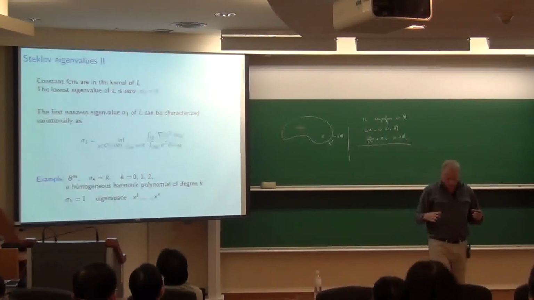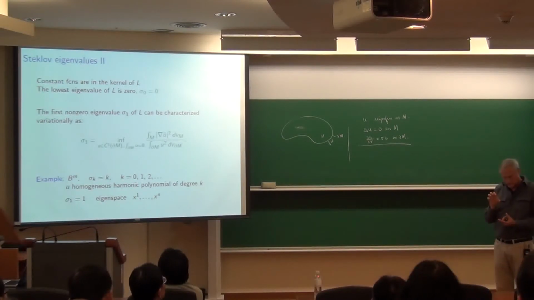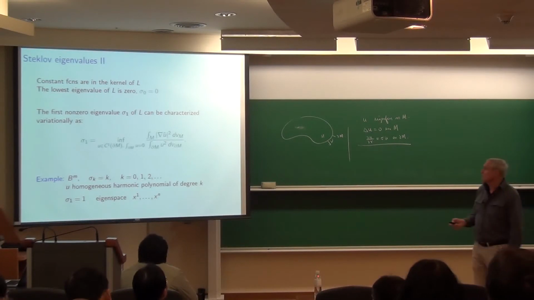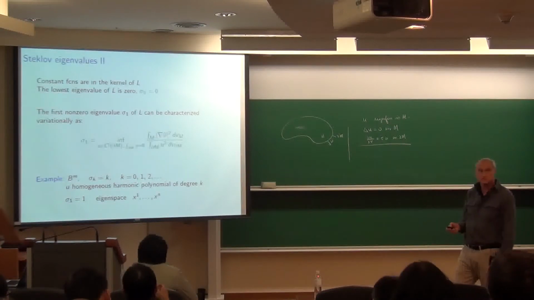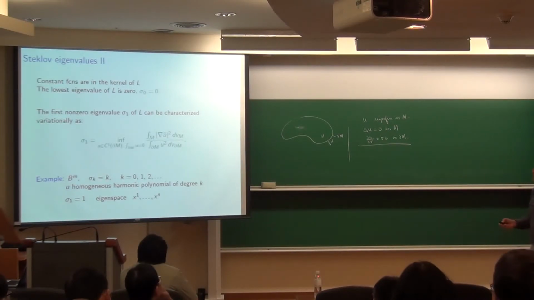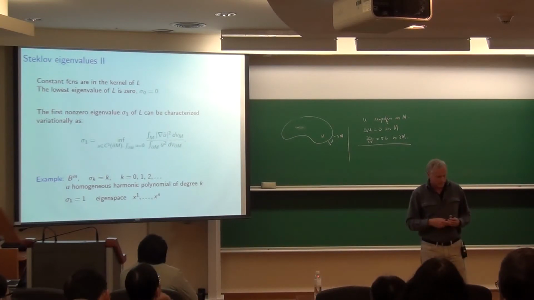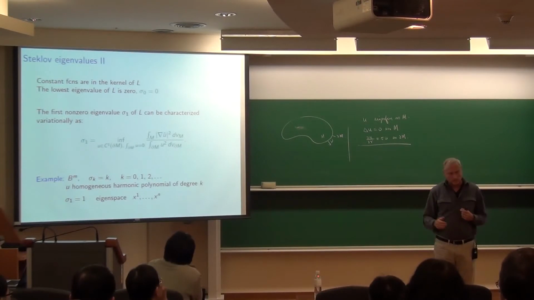You can see that if you take a homogeneous harmonic polynomial in the ball, it's harmonic, so its Laplacian is 0 inside. On the boundary, when you take the normal, which is the radial derivative, you just reproduce the function times the factor k. And you can check that this is the full set of eigenfunctions, a complete system. Actually, if you're familiar with the eigenvalue analysis for the Dirichlet and Neumann problems on the ball, it's much more complicated than this.